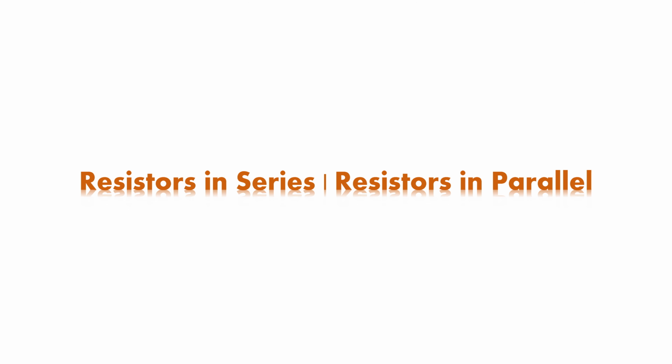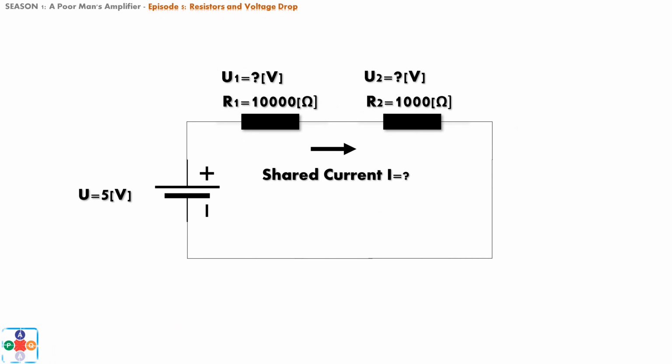So, let's first see what happens when we place 2 resistors in series. Placing 2 resistors in series means we concatenate 2 resistors, by attaching one terminal from the first resistor to one terminal from another resistor. In this arrangement, both resistors share the same current flowing through them. But, what about voltage? From the previous part of the video, we know that each component introduces a voltage drop in the circuit.